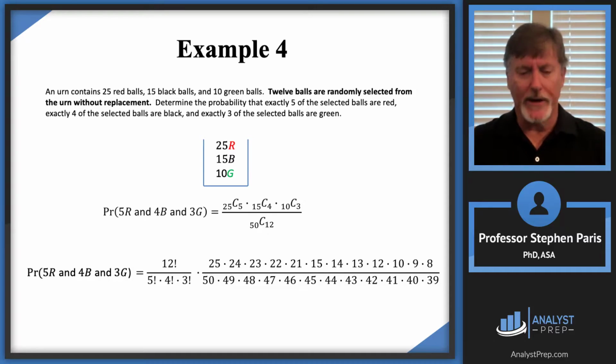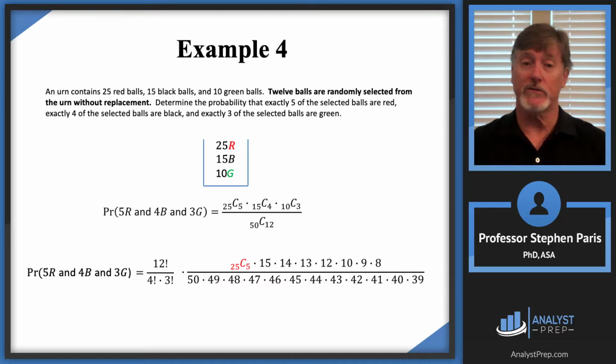Let me highlight in red, let's group some of these factors together. If we group the 25 times 24 times 23 times 22 times 21 in the numerator with the 5 factorial in the denominator, that will exactly give you 25 choose 5. So I'm going to replace that with 25 choose 5. I invite you to do the arithmetic yourself.